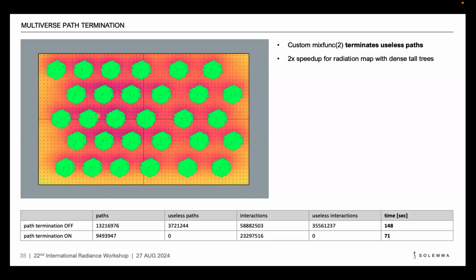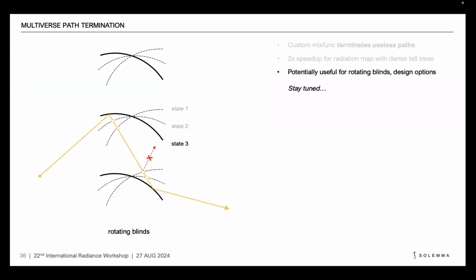The trees are an extreme situation because there's so many mesh faces for each leaf. If you're just doing this with roller blinds, it probably doesn't make that much of a difference. This will be useful in the future, this is not implemented yet, but eventually for Venetian blinds that might rotate in place.